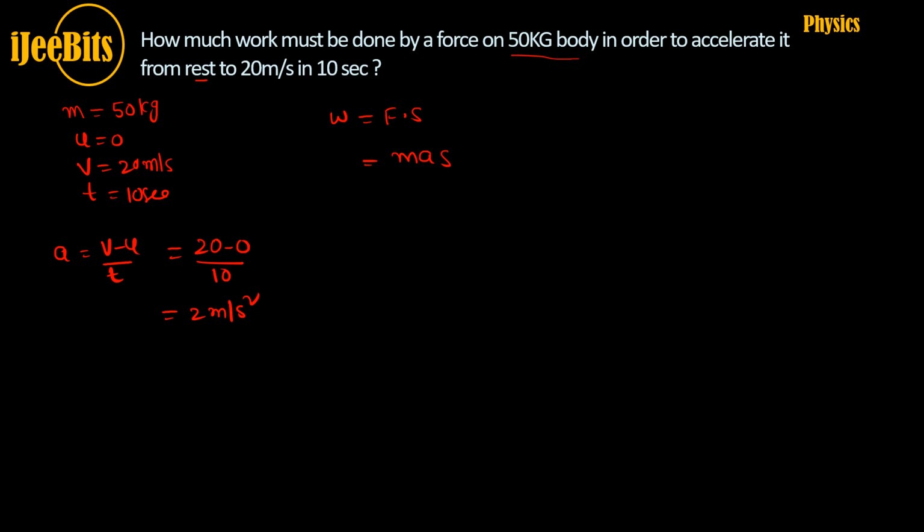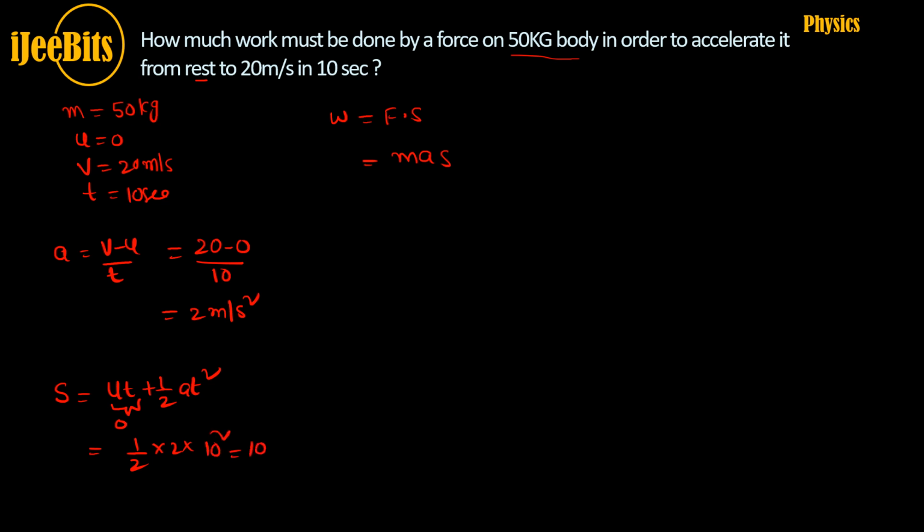What should be done next? Distance is required. So we know S equals ut plus half at square. Since the initial velocity is 0, you can say this is 0, right? So what is left over is half at square. Half into A into T square, how much? Half into 2 into 10 square.